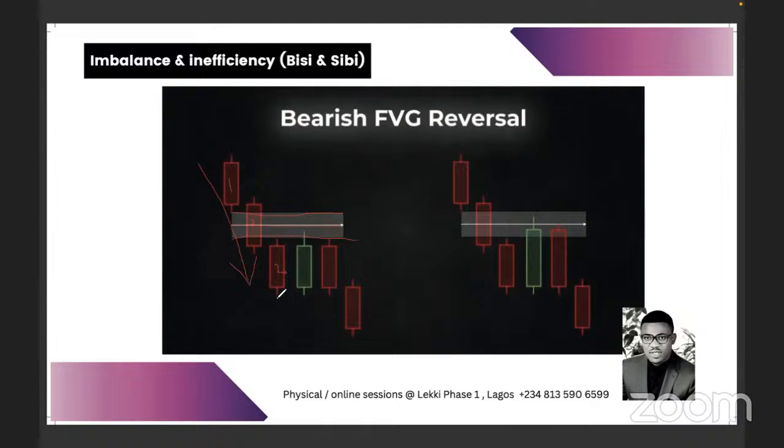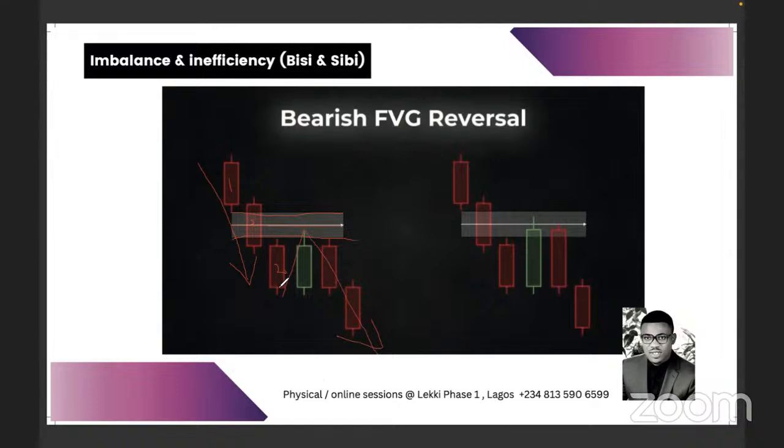After the gap has been formed, we expect that price will retrace back into the fair value gap. When price retraces into the fair value gap, we expect that the fair value gap will serve as a springboard or a magnet that repels price away to continue the direction of the fair value gap.